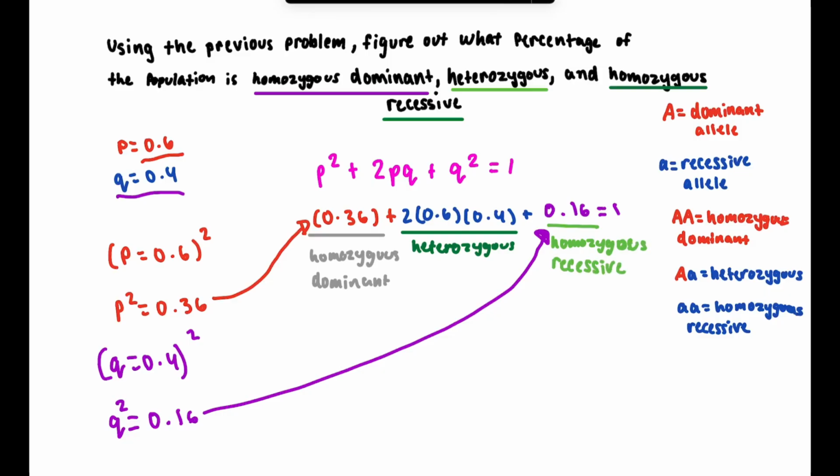Now let's put it in decimal form. So if 0.36 is equal to p squared, which is the population that's homozygous dominant, you just multiply it by 100 and you get 36% of the population is homozygous dominant.